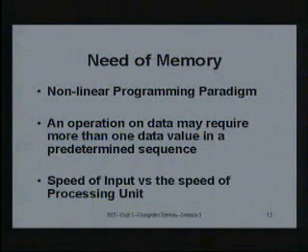And third, and most of all, the speed of input versus the speed of the processing unit. The speed of input-output, if I am doing any human input-output, is always slow, always slower than what we expect.